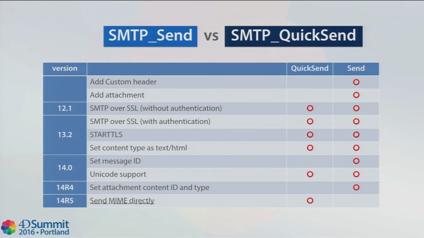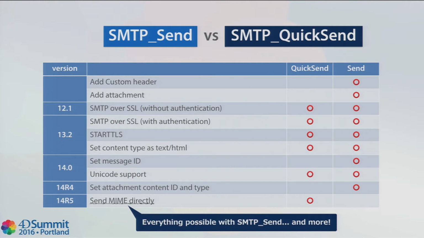So you might think, oh, it's less powerful. But the crucial point is the last line. Since v14R5, we have the ability to send a MIME directly, and that is only possible using the QuickSend command, and that changes everything. Because of this, it really covers for all the missing parts, like adding a custom header, adding an attachment.